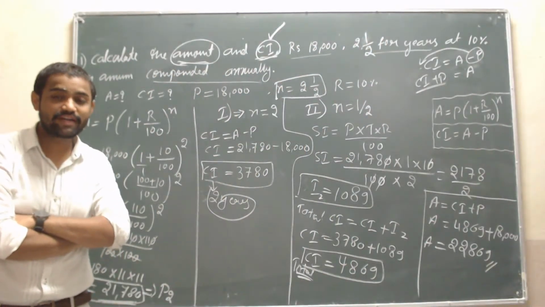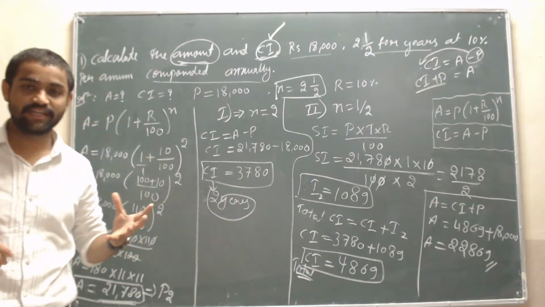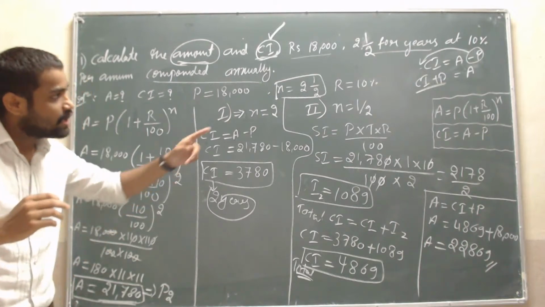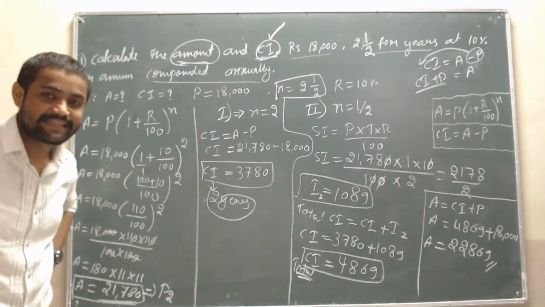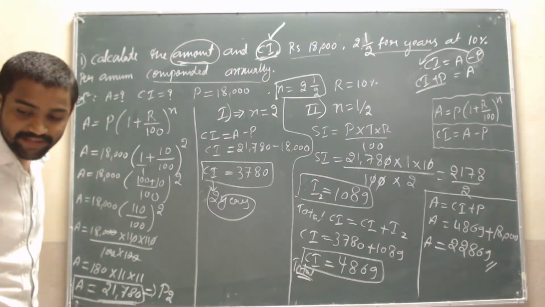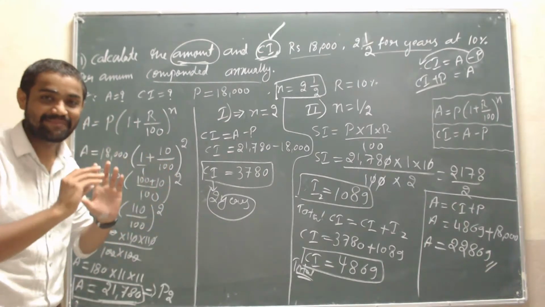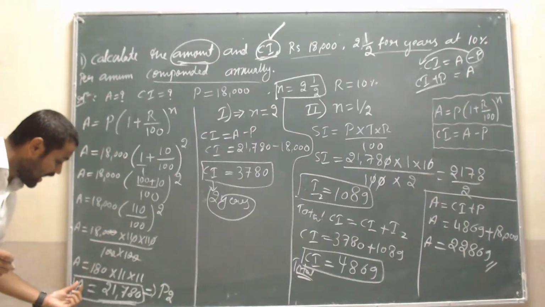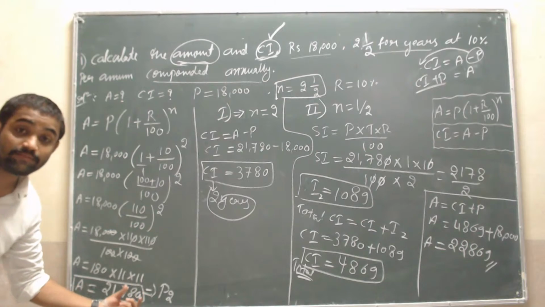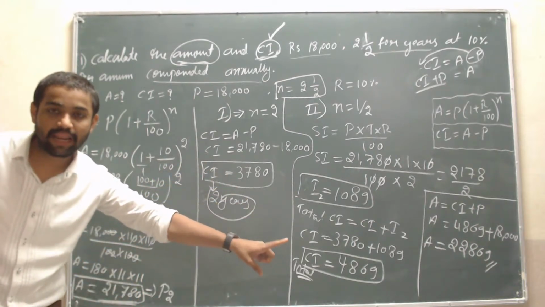For the 6 months more, what do we have to find out? Compound interest. We have to find out the compound interest. Okay sir, how did you do the half year? Concentrate here, that's the most important part. See here, amount is equal to 21,780 rupees. It becomes the principal amount.